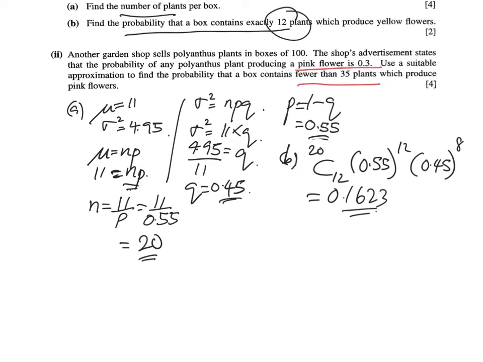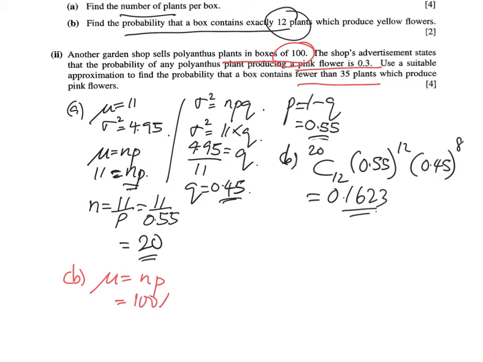First of all, I have to find the mean. For approximation from binomial to normal distribution, we have to use mu equals np. In this case n is 100, the number of plants in the box, and we have to find fewer than 35 out of those 100.